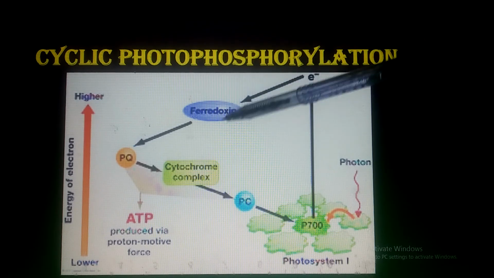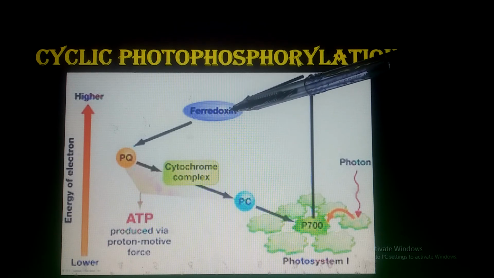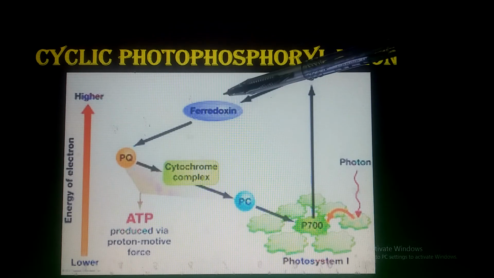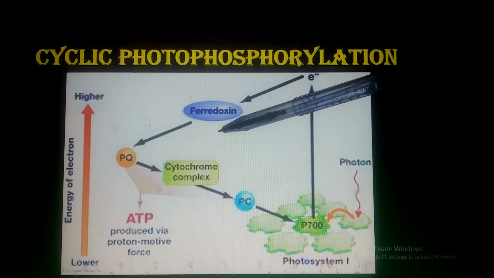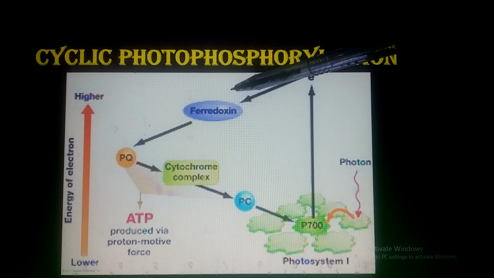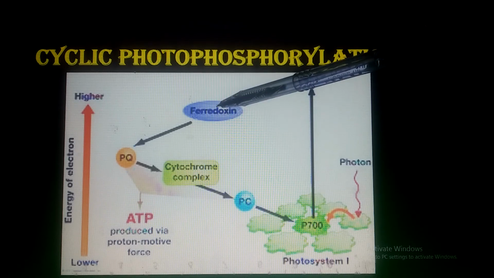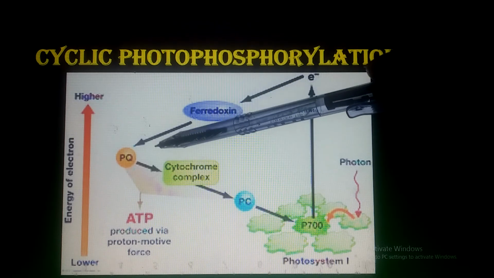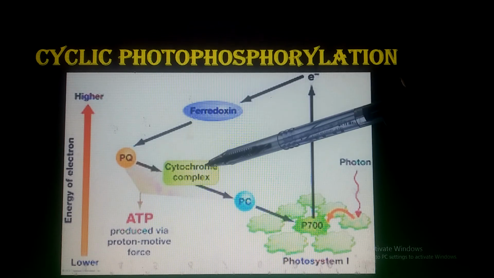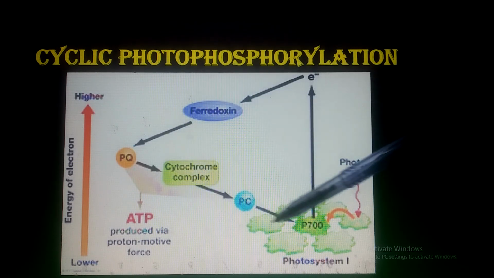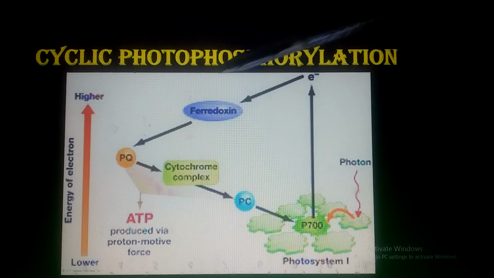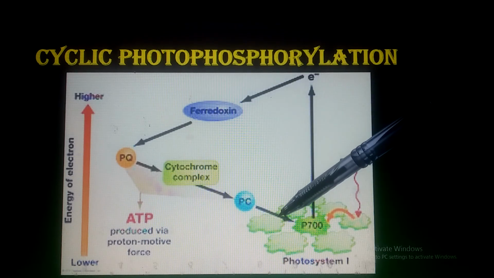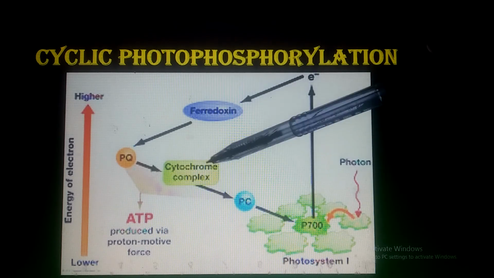Here no NADPH is synthesized. No NADP accepts these electrons from the ferredoxin for the formation of NADPH. That's why the electrons from the ferredoxin move towards the plastoquinone, and from the plastoquinone then again to the cytochrome. So in this way electrons move in a cyclic form, because of the blockage of photosystem 2.